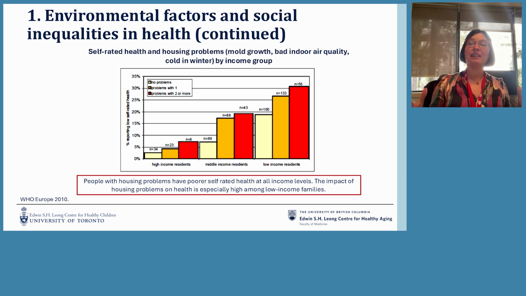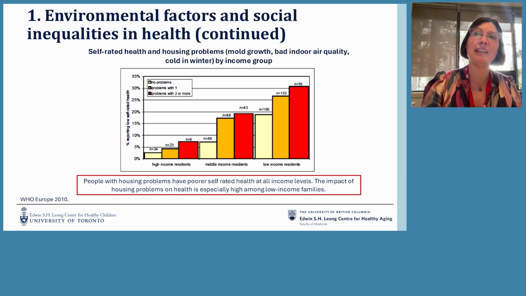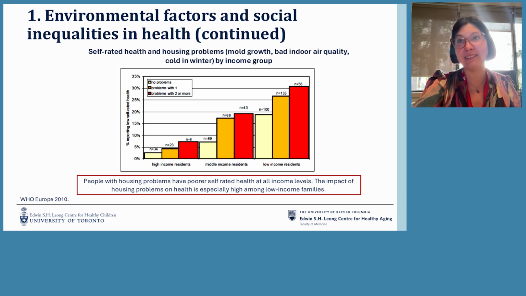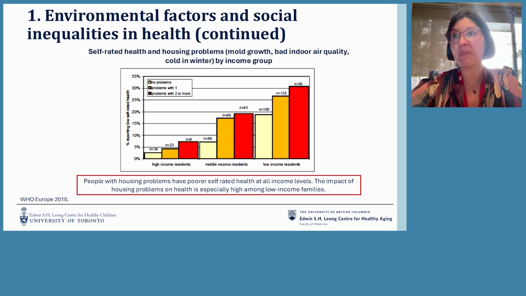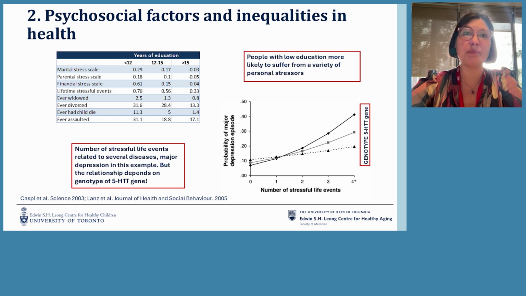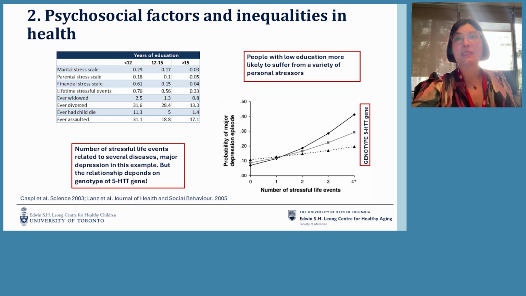And as we can see here, at all income levels, people with a higher number of problems in the household had a higher frequency of poor self-rated health, but the proportion is much higher among participants with low income.